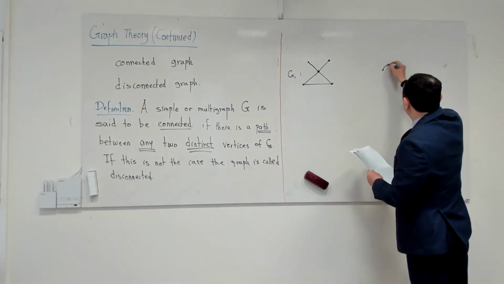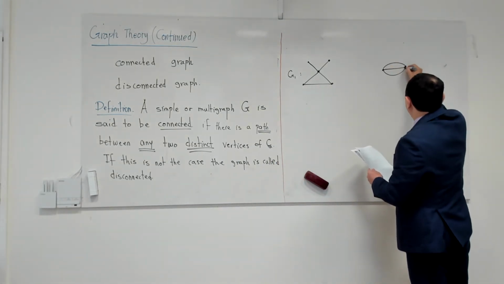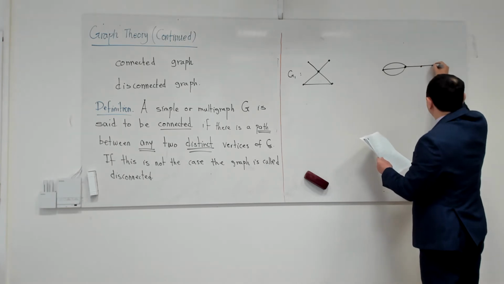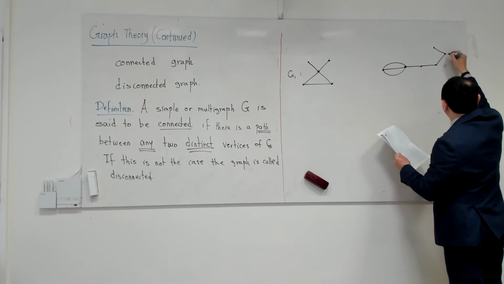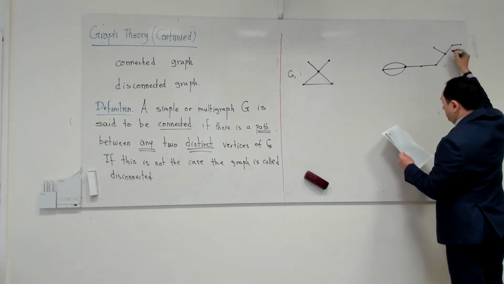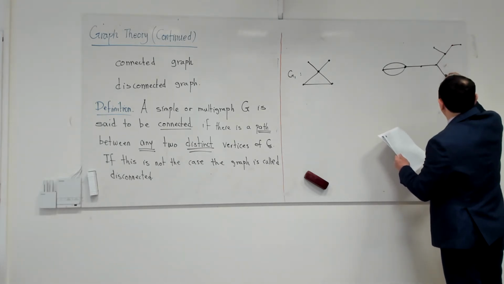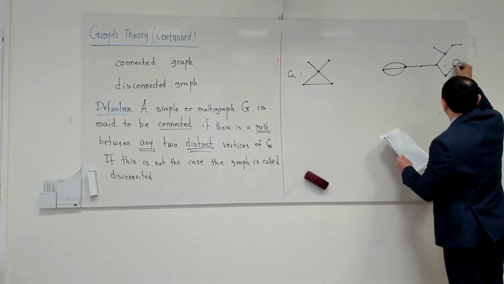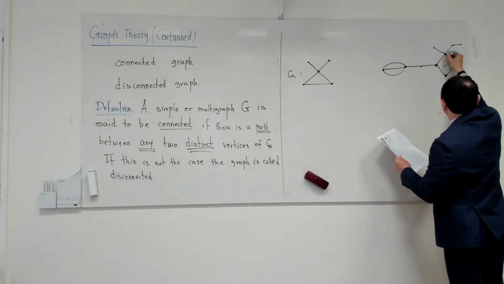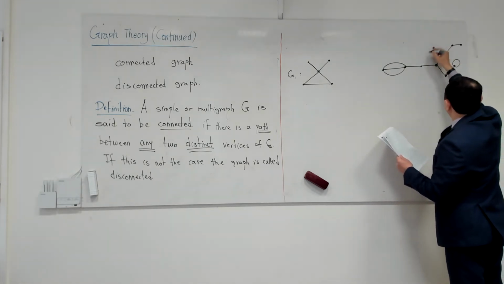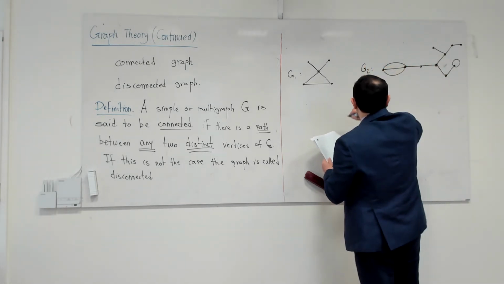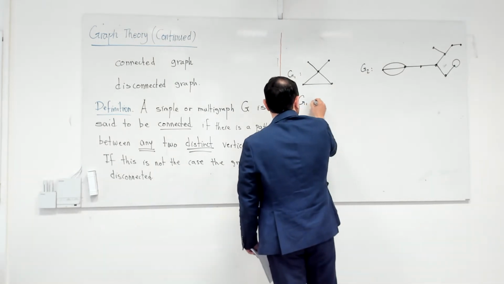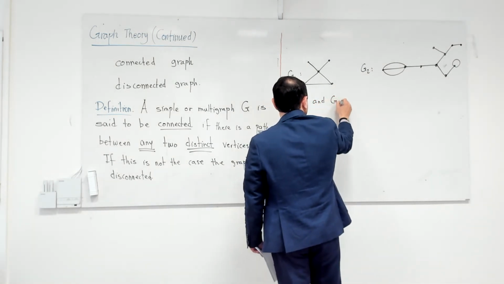I have done them before, so as not to waste time here. You see this graph and that graph, it's clear that they are connected graphs. G1 and G2 are connected.